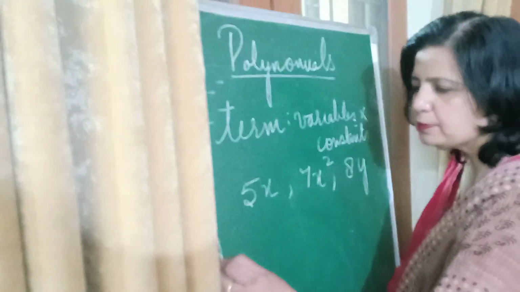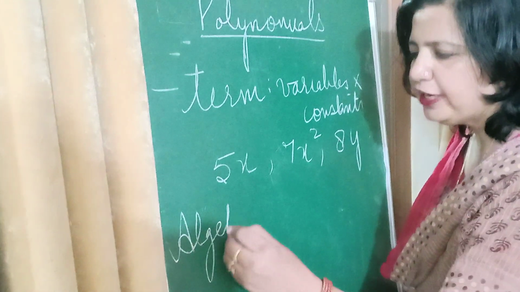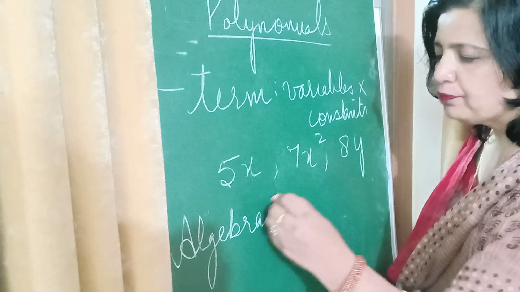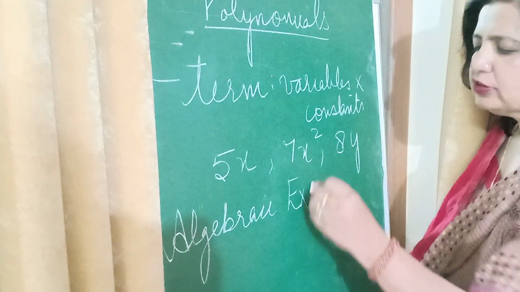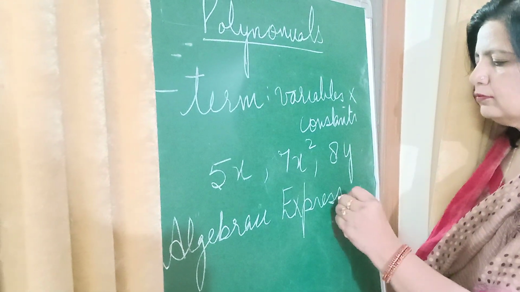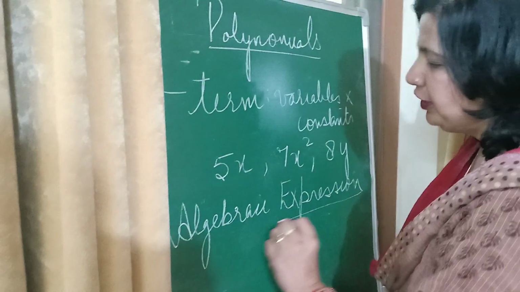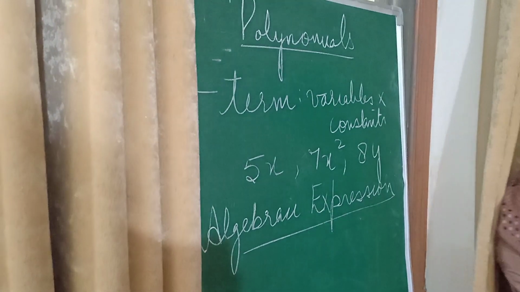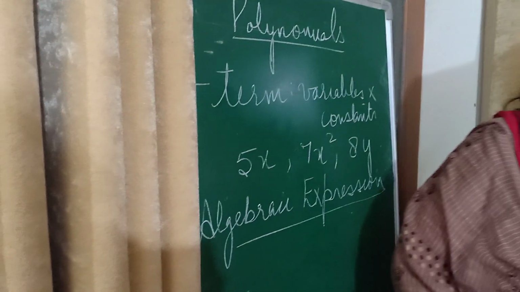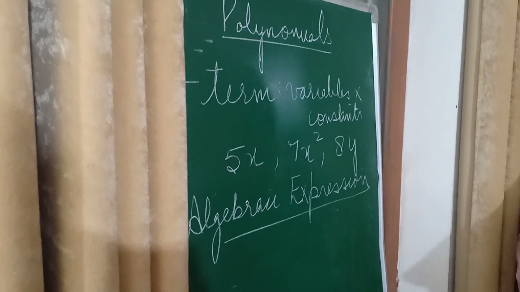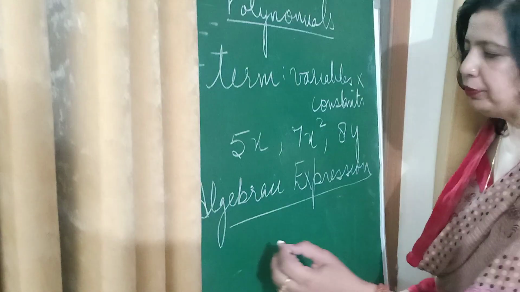Now let me explain you what is an algebraic expression. An algebraic expression is an expression made up of variables and constants along with mathematical operators.